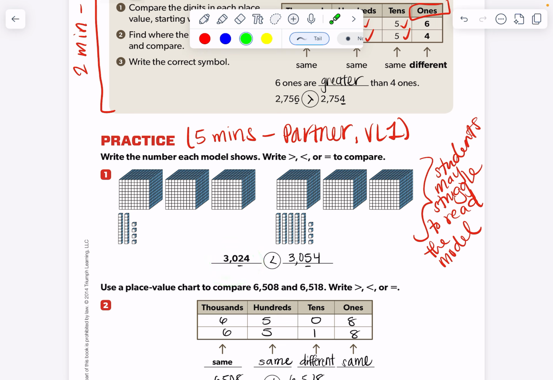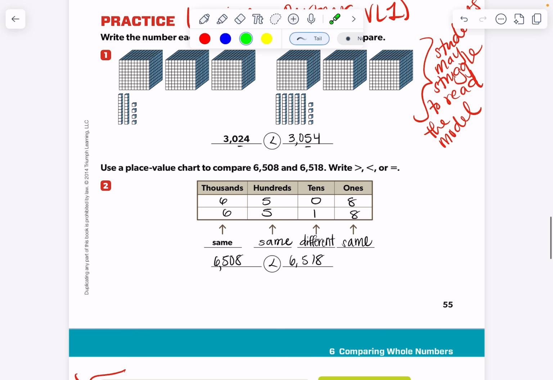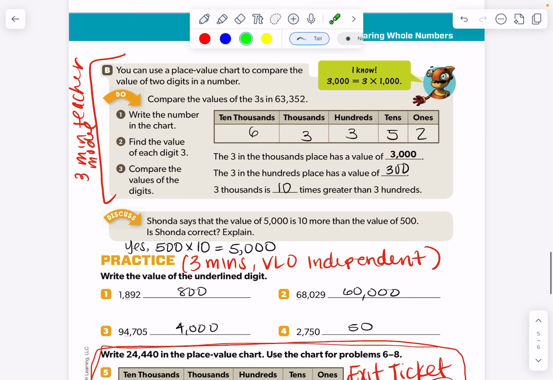Students will be able to say that these are the thousands, these are the tens, and then these are the ones blocks. From there, they should be able to figure out what this number is based on the model. They'll be comparing in the same way that you modeled for question number 2.